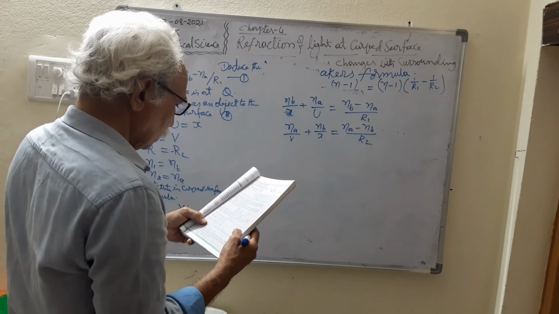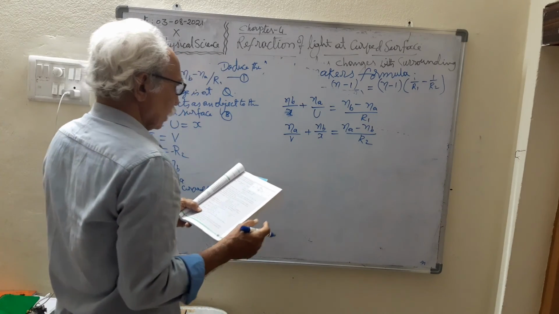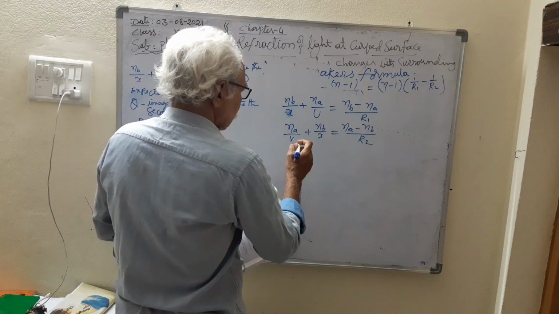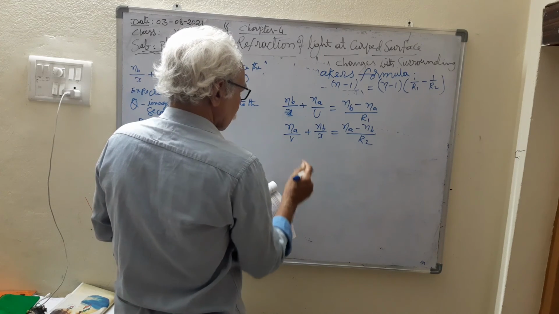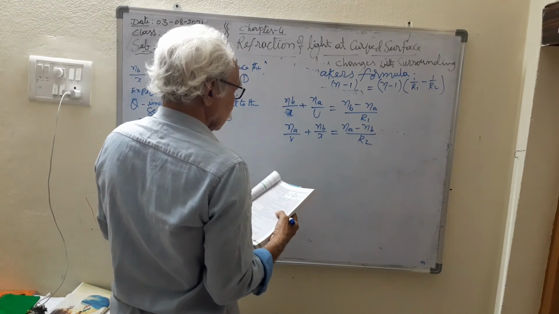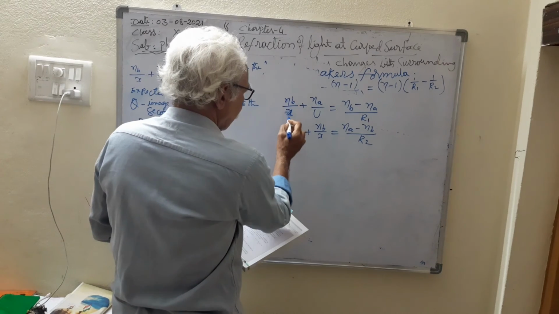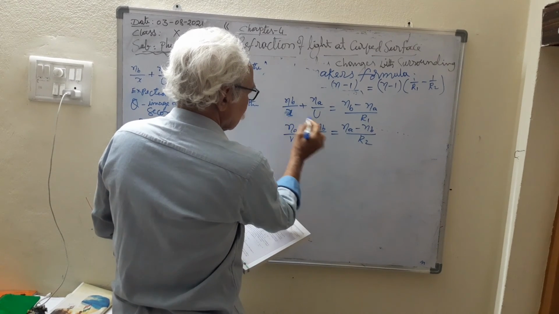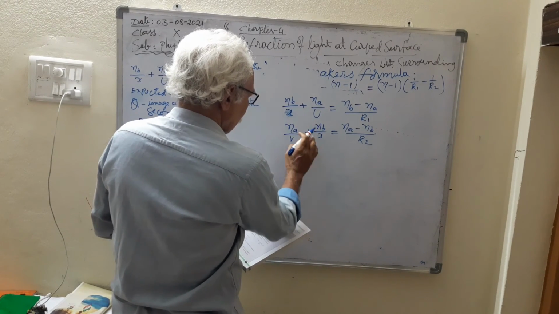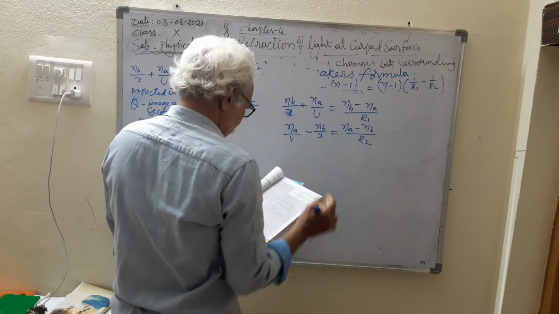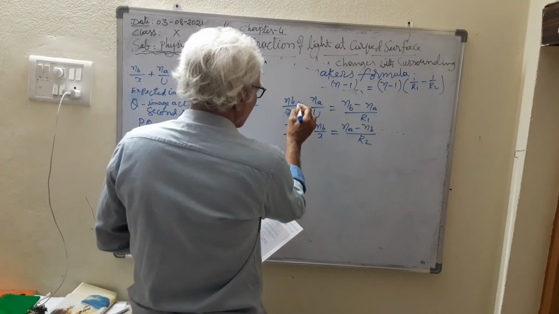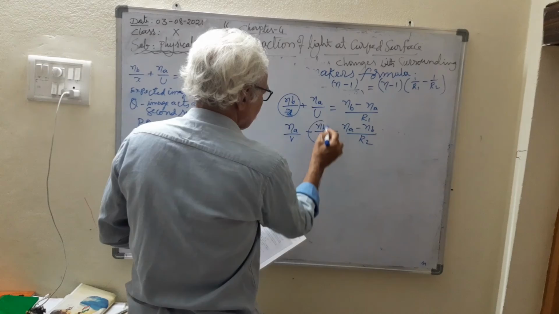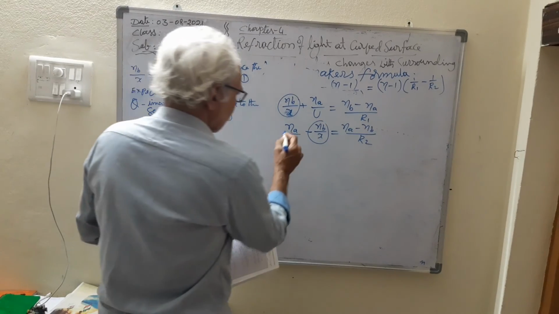When I add these two equations, NB by X and minus NB by X are opposite values, so these two are cancelled.